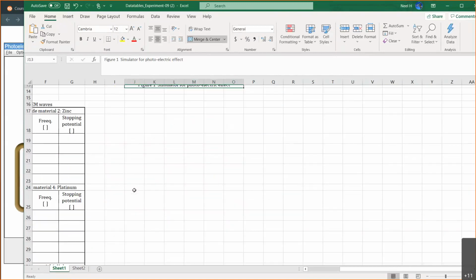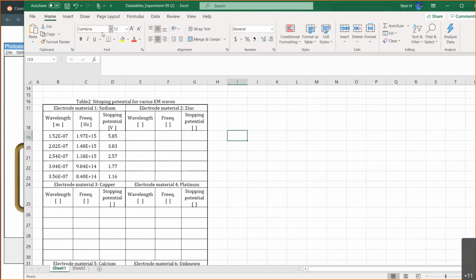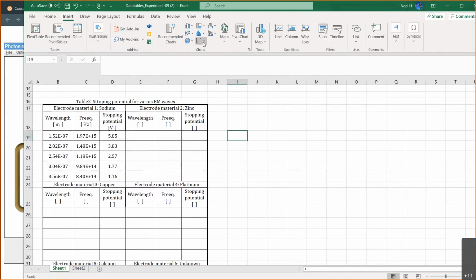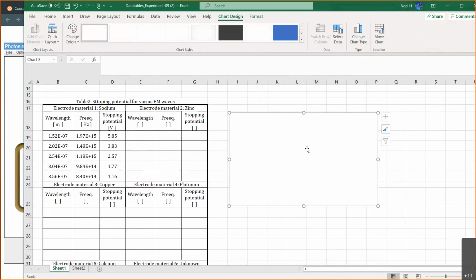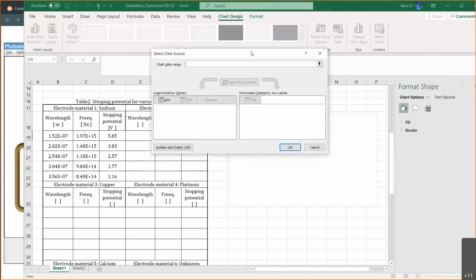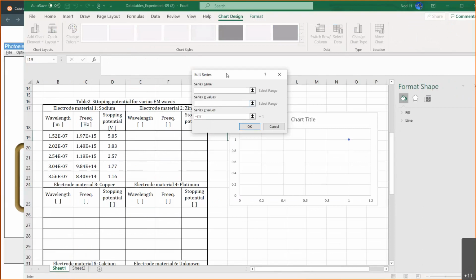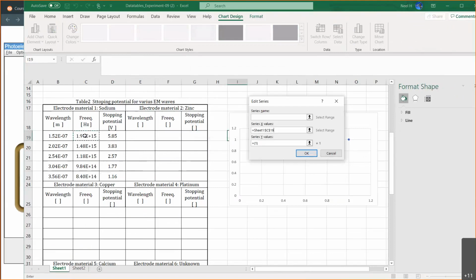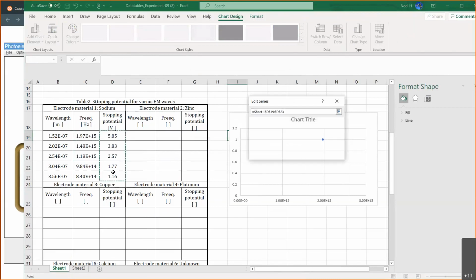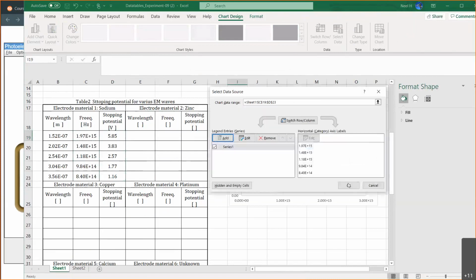Okay, let's insert a graph, scatter plot, and let's add the data, select, add. The X-axis should be frequency values. The Y-axis should be potential values, right? Click OK, click OK.